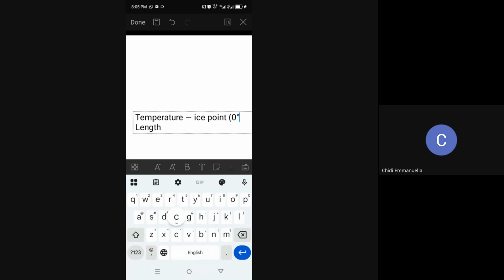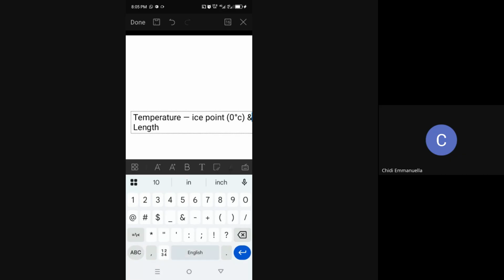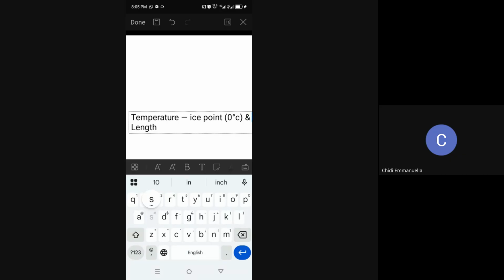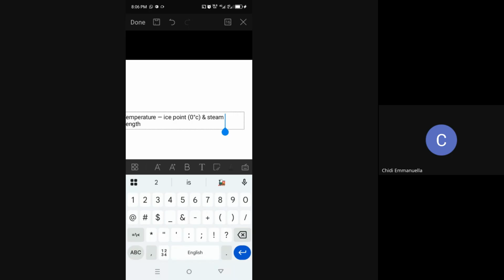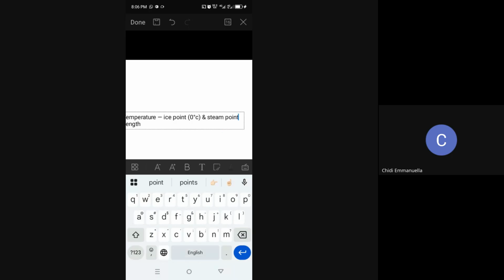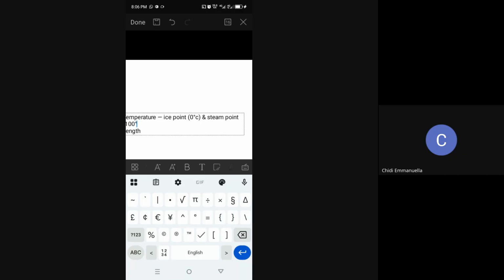Then what of steam point? 100 degrees Celsius. You can see that they did not mention 0 degrees Celsius and 100 degrees Celsius in the question. They expect that you already know them. So steam point is 100 degrees Celsius.